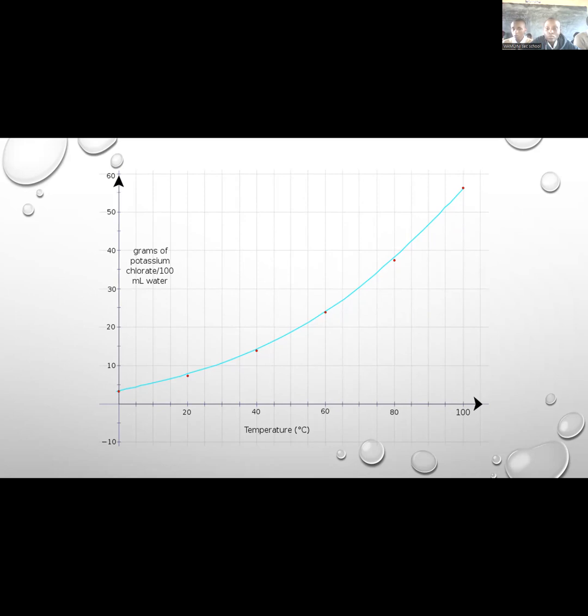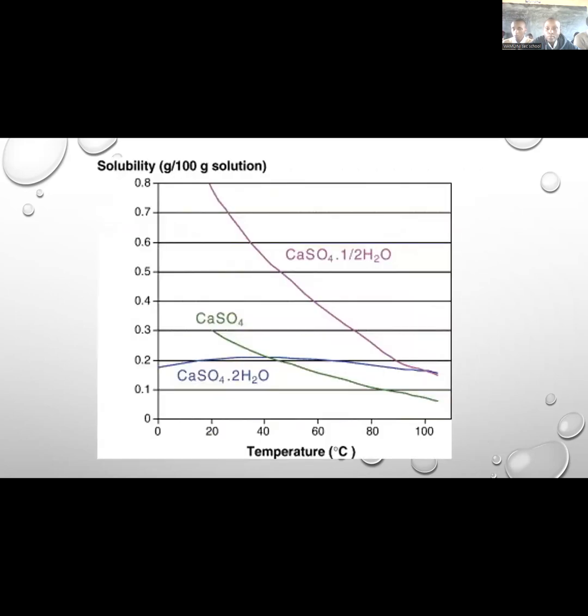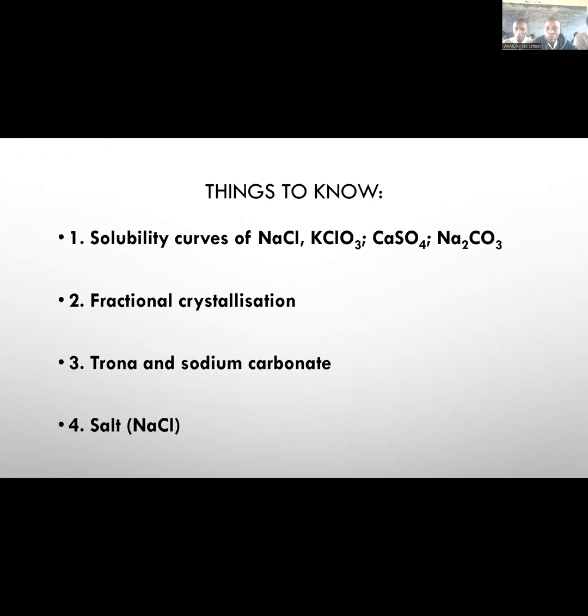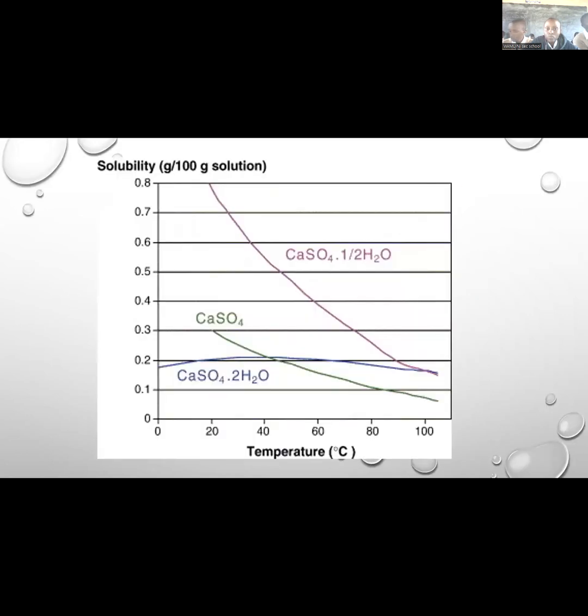The next one is calcium sulfate. Oh, sorry, did I mention calcium sulfate? Yes, calcium sulfate goes down. Its solubility is very low to start with, but it goes down. That's very important.